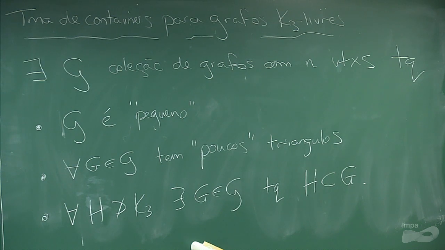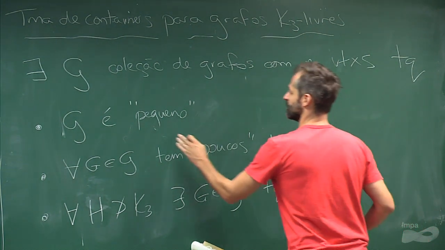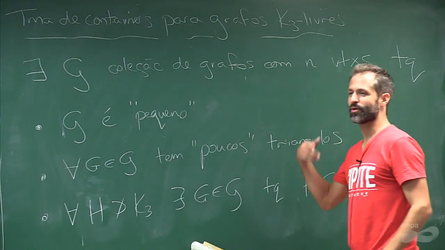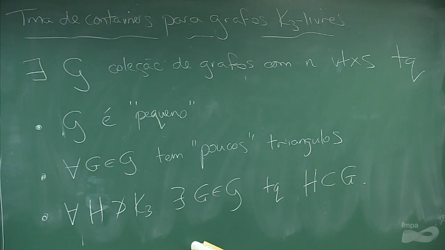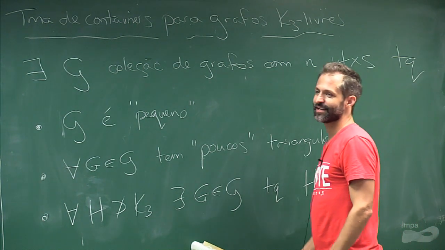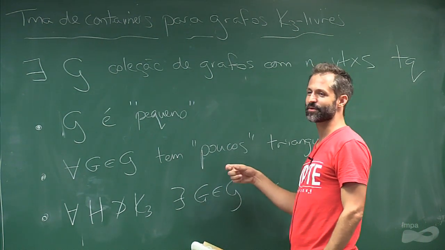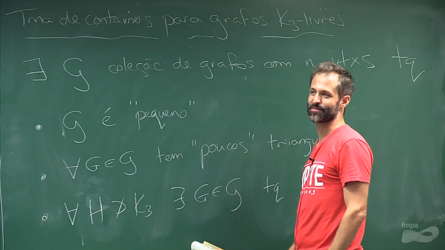Now, before I tell you what small and few mean, let's just try to put this statement in our heads, because I know it's a bit confusing. So let's play a game. Let's try and satisfy two of these properties, but not the third, for each pair.